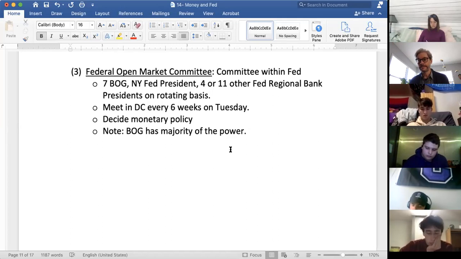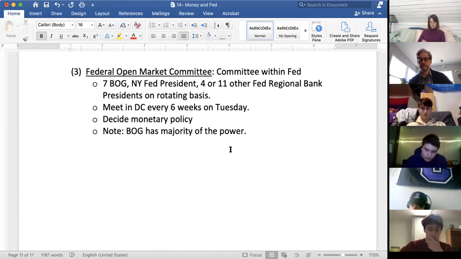So they meet in DC every 6 weeks. There's a huge table in the Board of Governors, and along this table, basically the board of governors sit down, they bring their pet economists with them, and they make decisions about what monetary policy is going to be for the next 6 weeks.